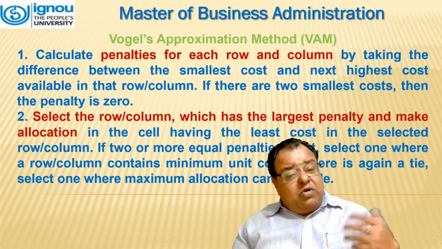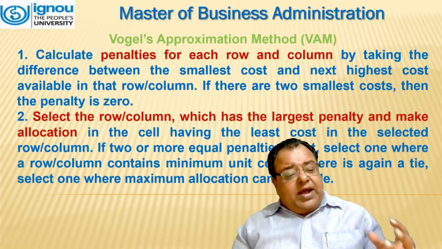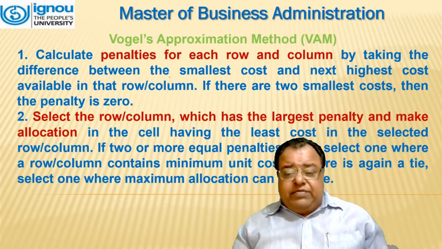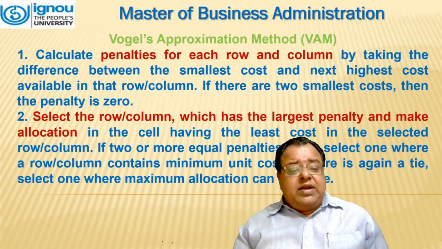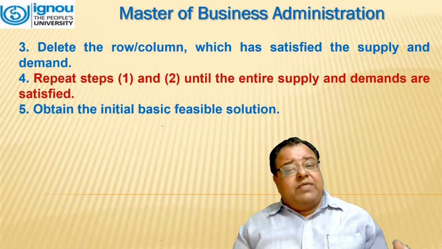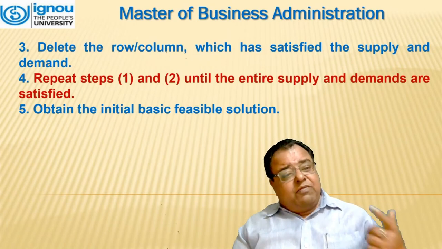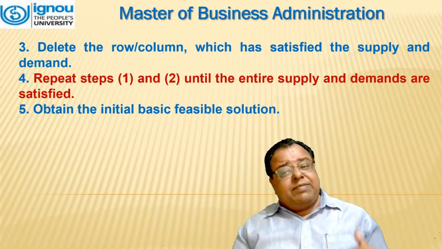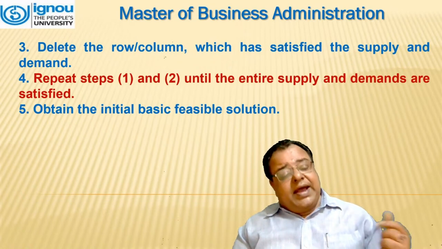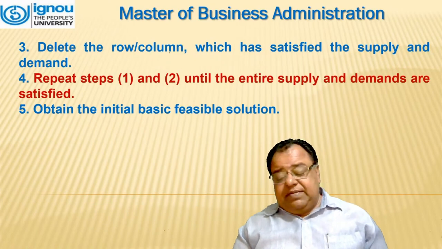If two or more equal penalties exist, select the one where a row or column contains minimum unit cost. If there is again a tie, select the one where maximum allocations can be made. Delete the row or column which has satisfied the demand and supply constraints. Repeat steps 1 and 2 until the entire supply and demands are satisfied. And the fifth step is to obtain the initial basic feasible solution.